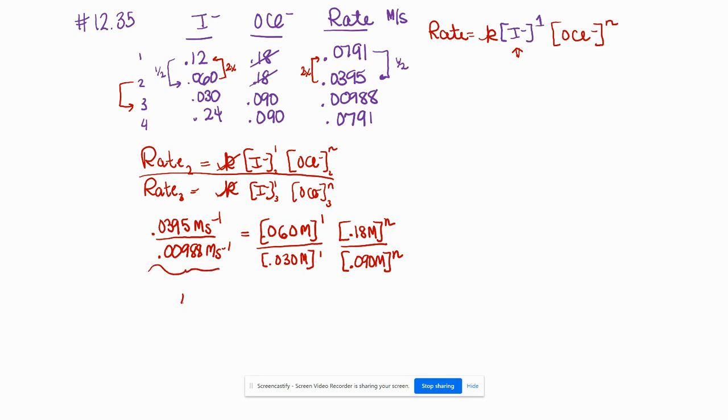So this mess is 4. 4 equals, and then 0.06 to the first is just 0.060, right? And 0.030 to the first is just the same number. So this is equal to 2, correct?